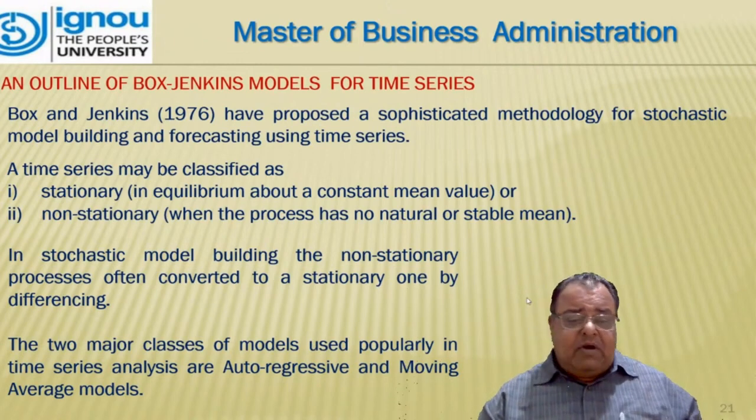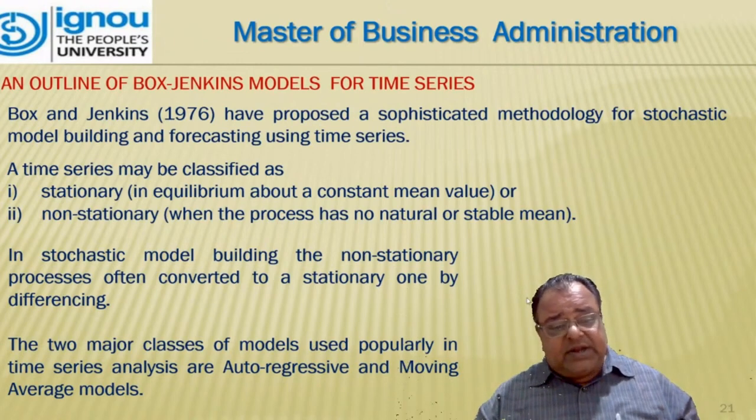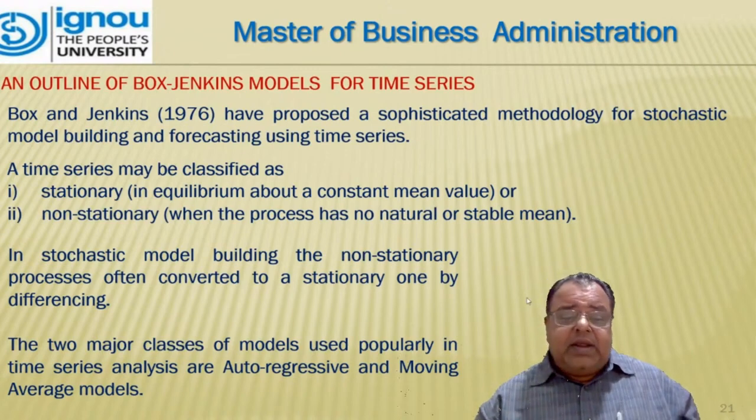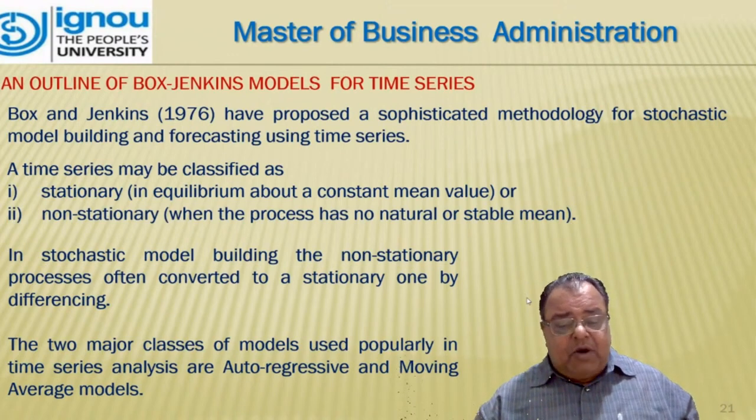In stochastic model building, the non-stationary process is often converted to a stationary one by differencing. The two major classes of models used popularly in time series analysis are autoregressive and moving average models.